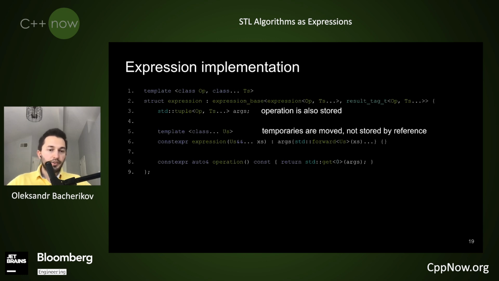And the operation is also stored because operation can have some state as well. On line 6, we have a constructor. And unlike some libraries that I saw, I don't always store references. If I encounter temporaries, they are moved inside. On line 8, you have a utility to access the operation.